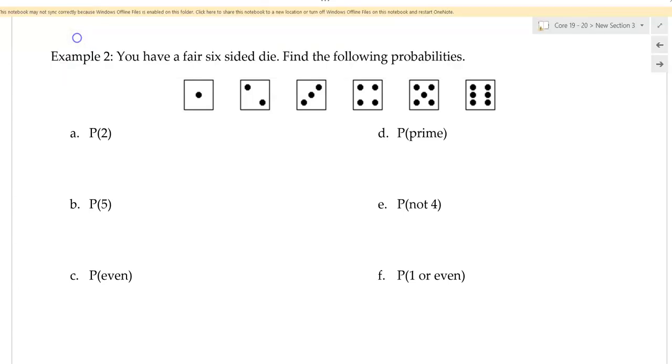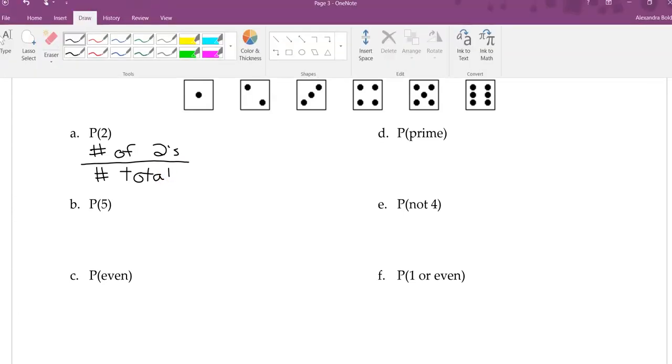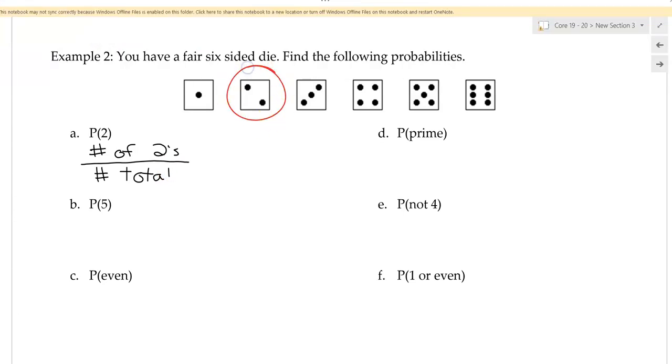If I want the probability of a 2, that is the number of 2's out of the number total. If you look, here's my 2. I have 1, 2. How many sides of a dice total do we have? 3, 4, 5, 6. The probability of getting a 2 is 1 out of 6.